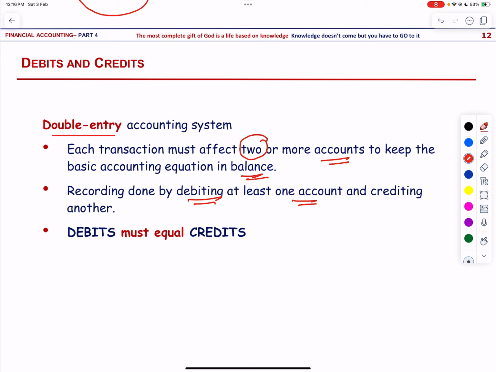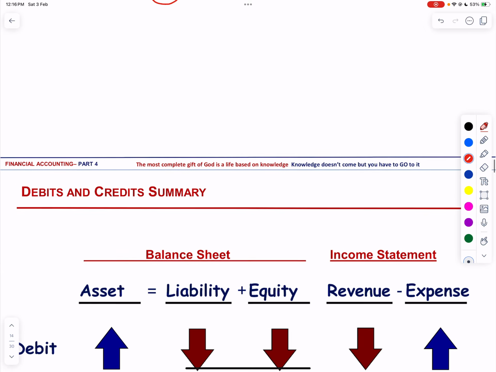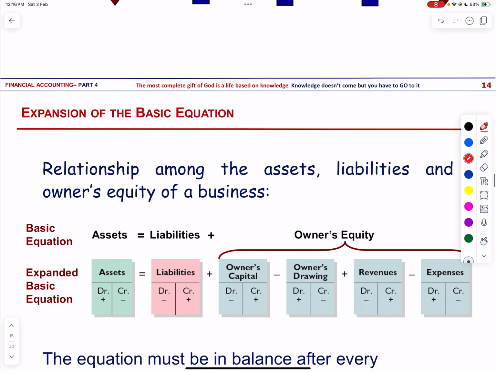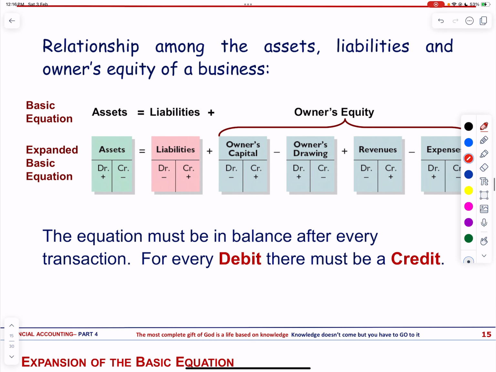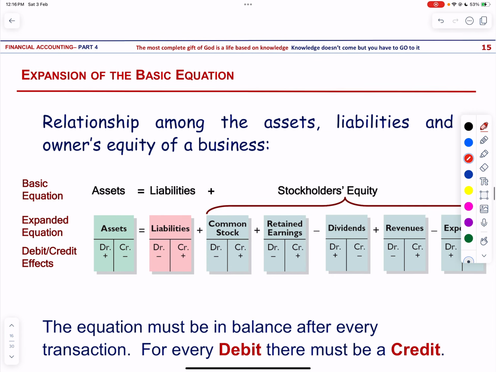There will be a debit and there must be a corresponding credit as well. And the debit must equal the credit after we record each transaction.